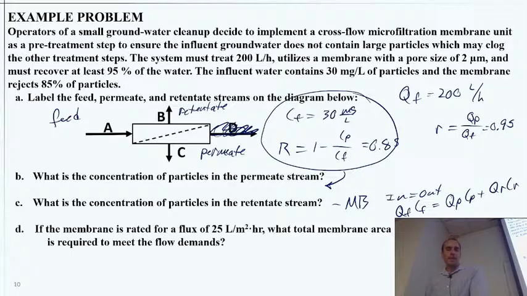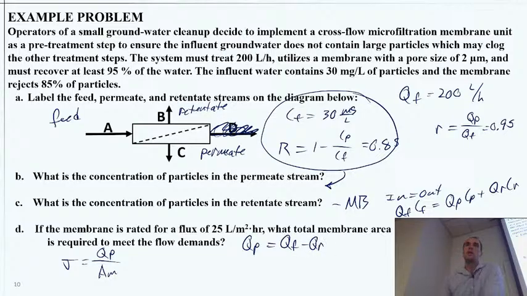So then part D, if the membrane is rated for a flux of 25 liters per square meter per hour, what is the total membrane area required to meet the demands? So we have a flux. We said that's going to be equal to a Q permeating divided by area of the membrane. We need to solve for the QP. We know that's going to be QF minus QR. QF is the total flow in the system, so QP has to be the total minus the other one.